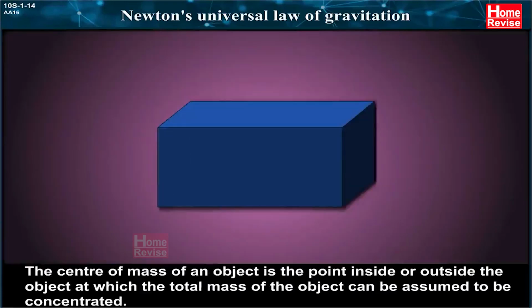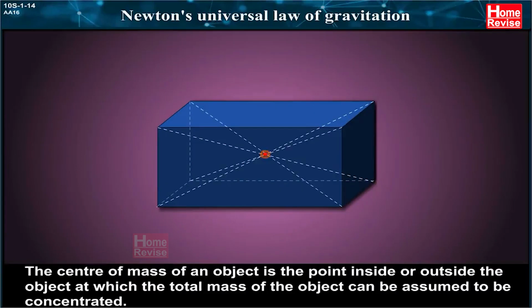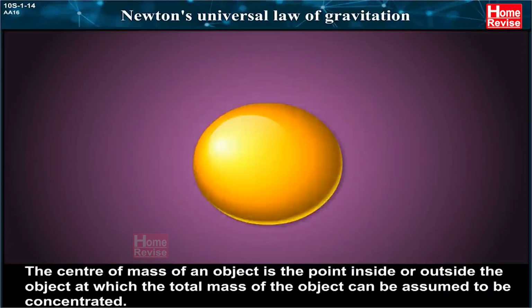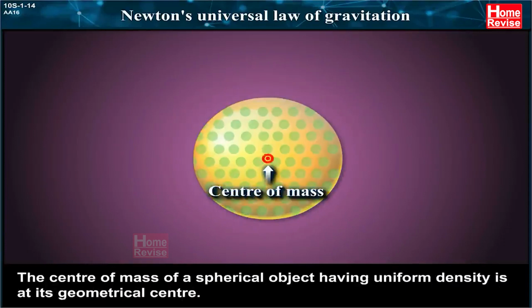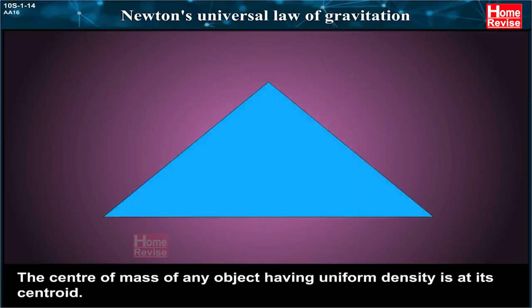The center of mass of an object is the point, inside or outside the object, at which the total mass of the object can be assumed to be concentrated. The center of mass of a spherical object having uniform density is at its geometrical center. The center of mass of an object having uniform density is at its centroid.